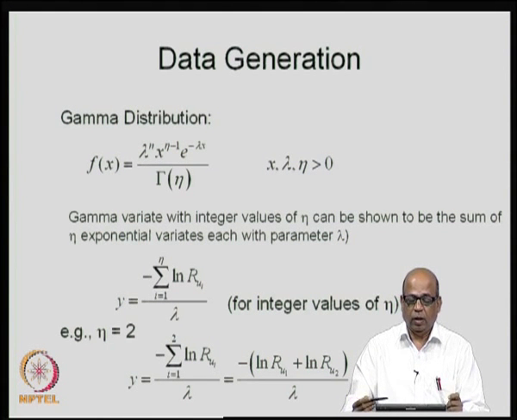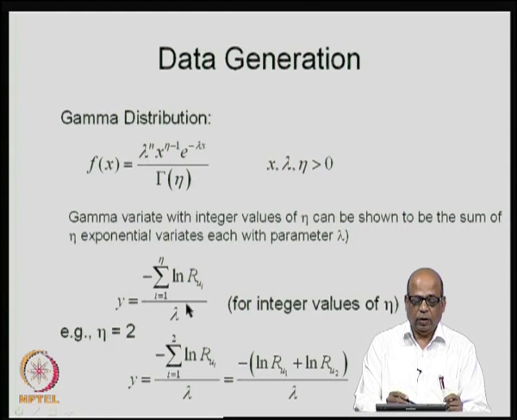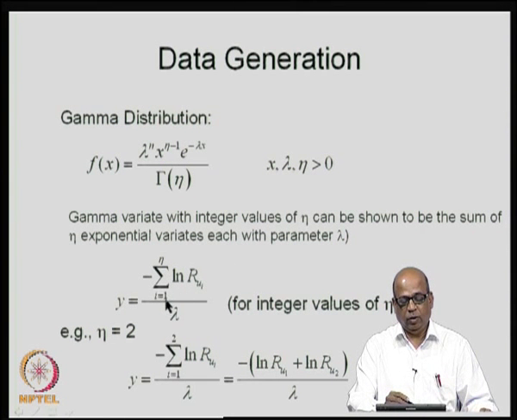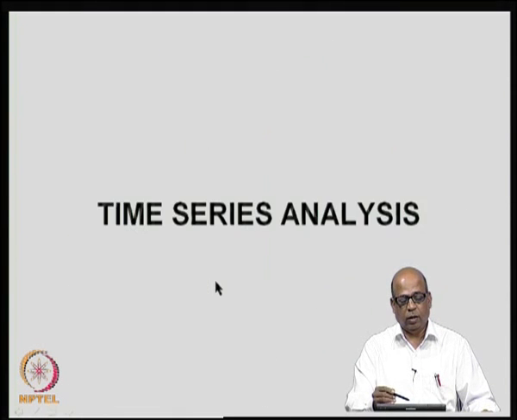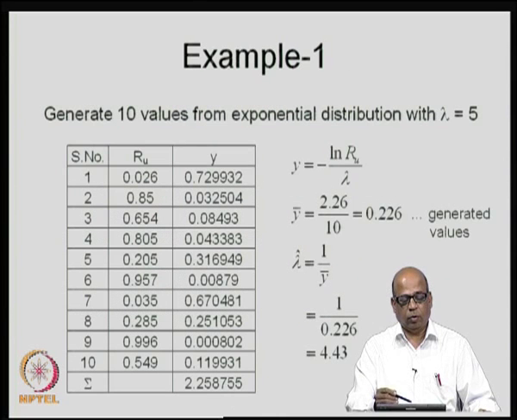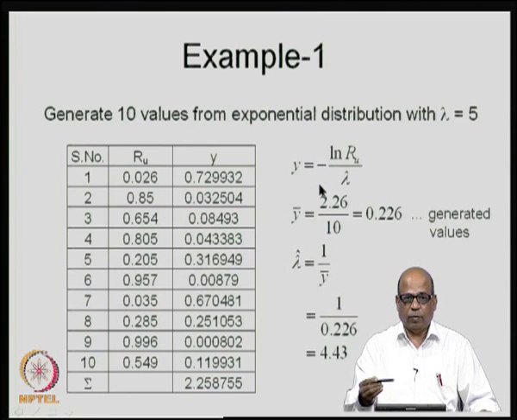So, for example, y, which is a gamma variate, we want to generate a gamma variate: y is the sum of minus log ru_i, i equal to 1 to eta, divided by lambda. Just now we saw for the exponential distribution that the expression is minus log ru by lambda. So, we use this exponential distribution and sum it eta number of times.